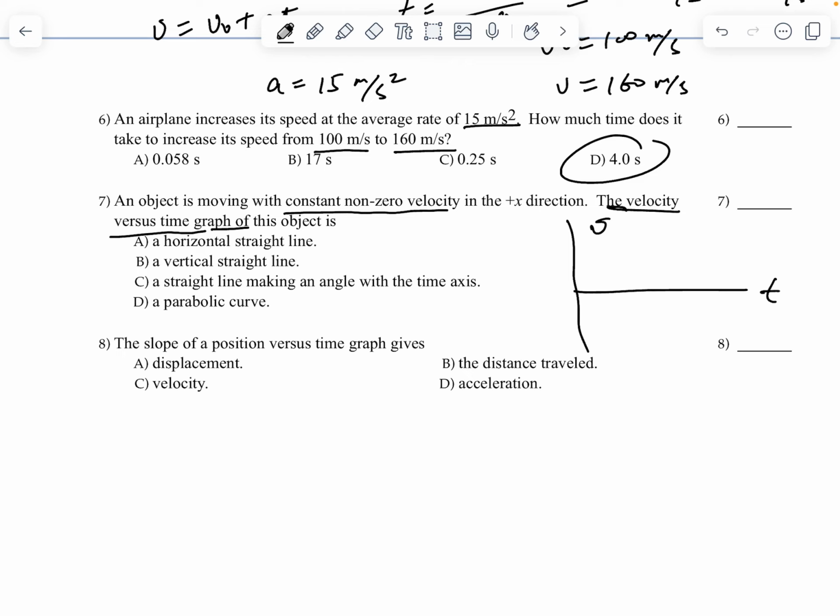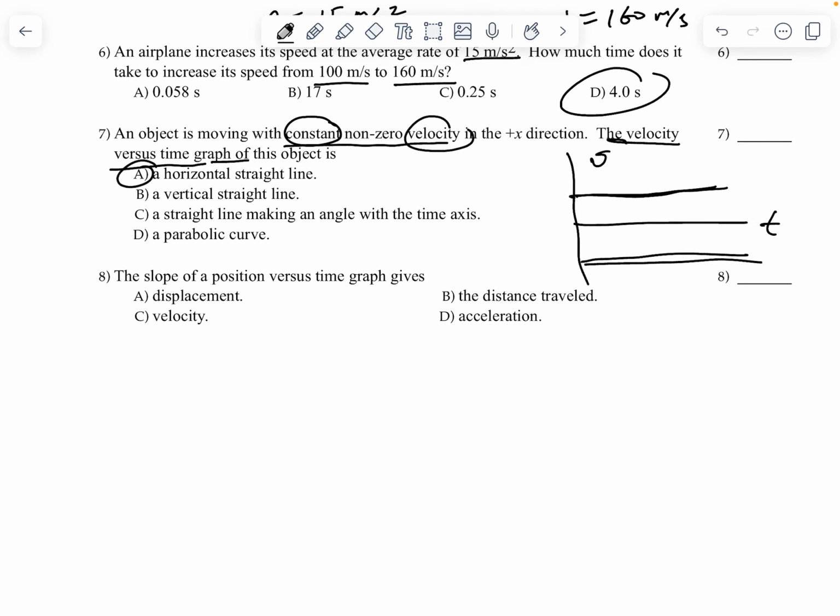This means constant velocity, which means the velocity doesn't change. So either this one or this one doesn't change. This one is a positive velocity, this is a negative velocity. So it is a horizontal straight line, because the velocity doesn't change.